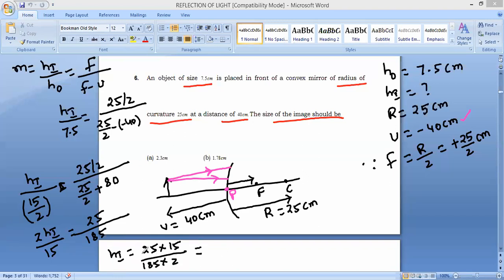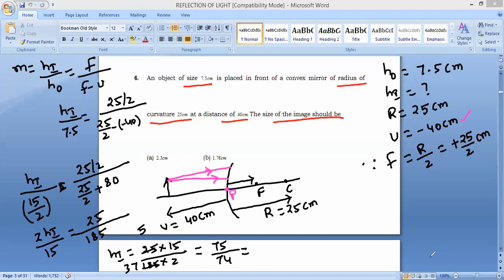If we consider the 5 table, 5 3s are 15, 5 37s are 185. So almost it is 75 by 37 into 2, which means 74. 75 by 74 means how much?